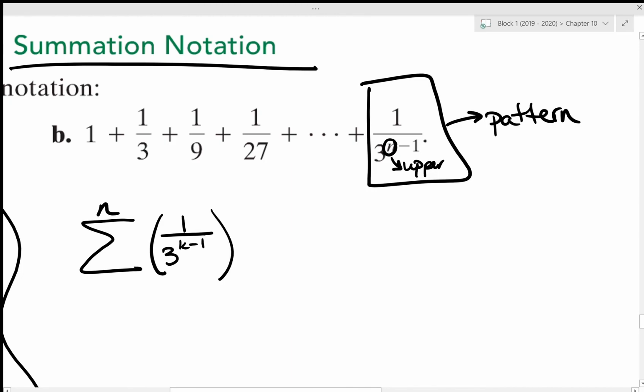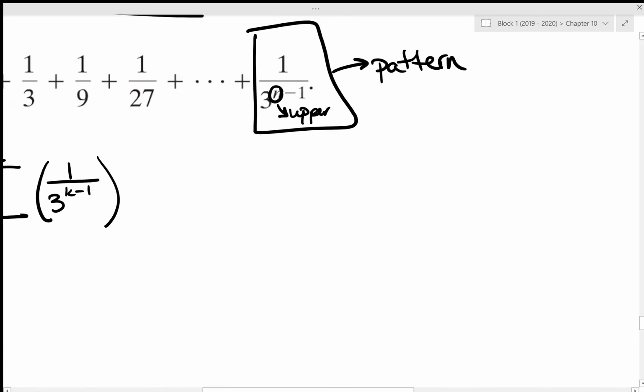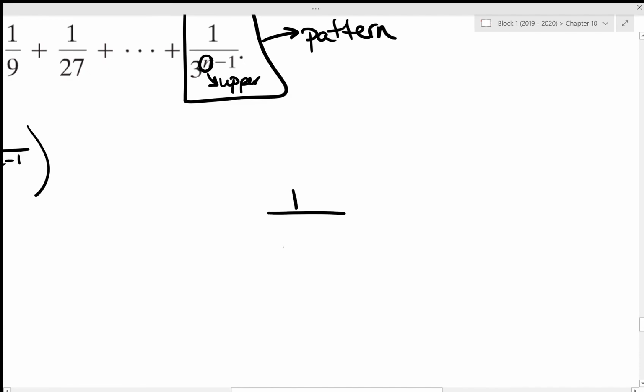Okay, that's the pattern. Now, I basically have to figure out, my first term is 1, right? So I need to figure out how can I get 1 over 3 to the K minus 1 to equal 1? Well, in order for this to equal 1, I need 1 to be divided by 1, right? So this has to equal 1.